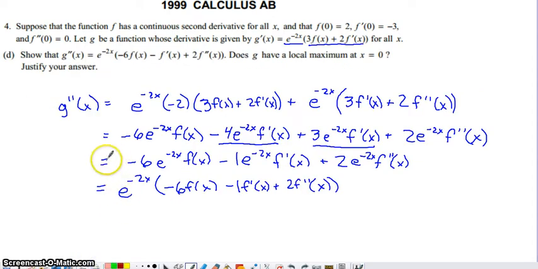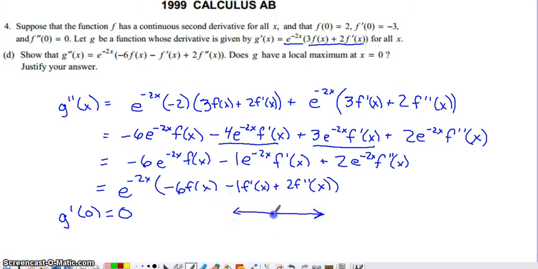So I'm just going to note that on this screen: g prime of 0 equals 0. What we want to know is whether or not we have a local maximum at 0, and then to somehow try to justify our answer. Normally what we do to figure out where we have a local maximum is we try to build a sign chart for the first derivative. So that sign chart for the first derivative of g would look like this.